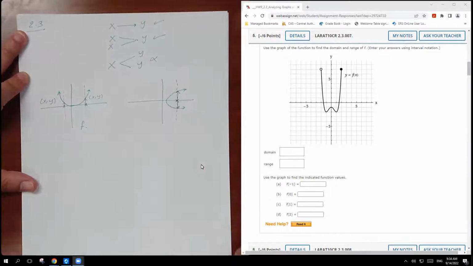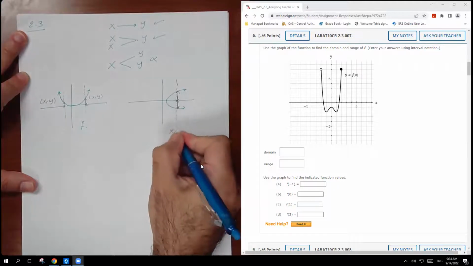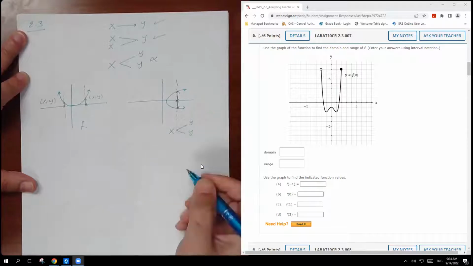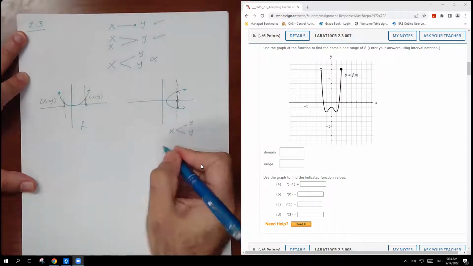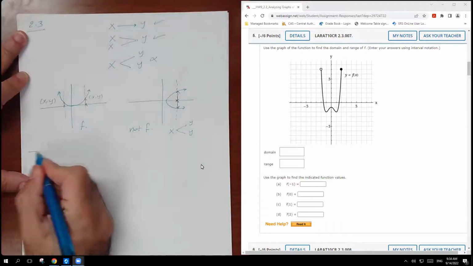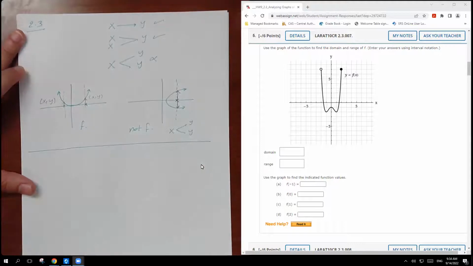That means I can find one x going to two places. In this case, this is not a function. This is how we're going to use the vertical line test.